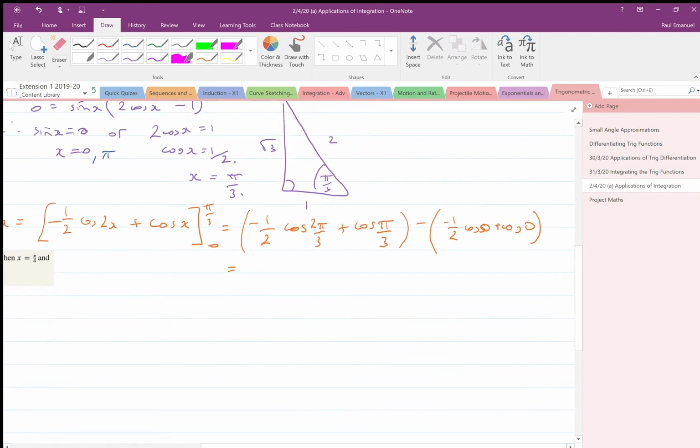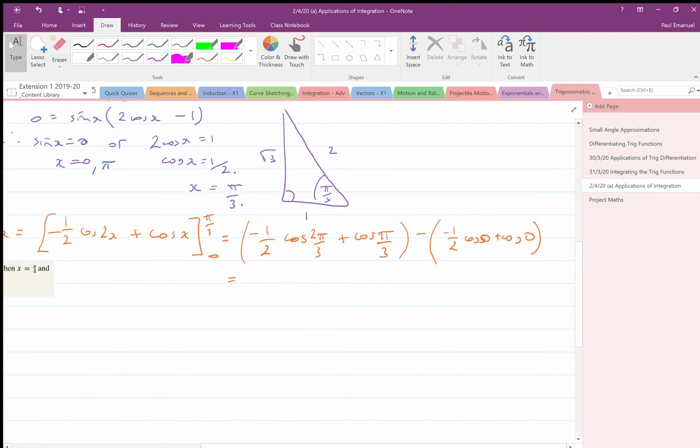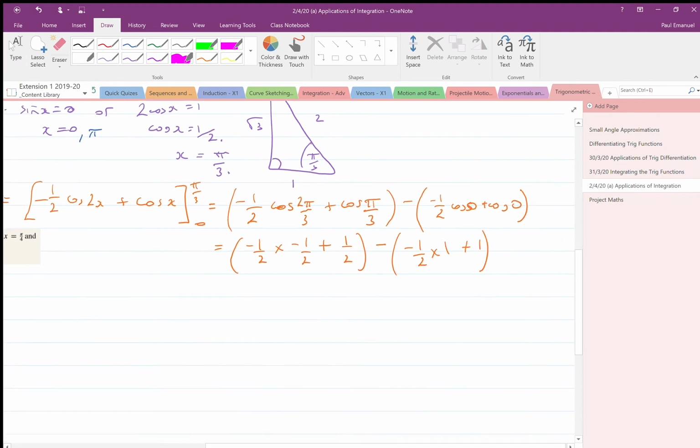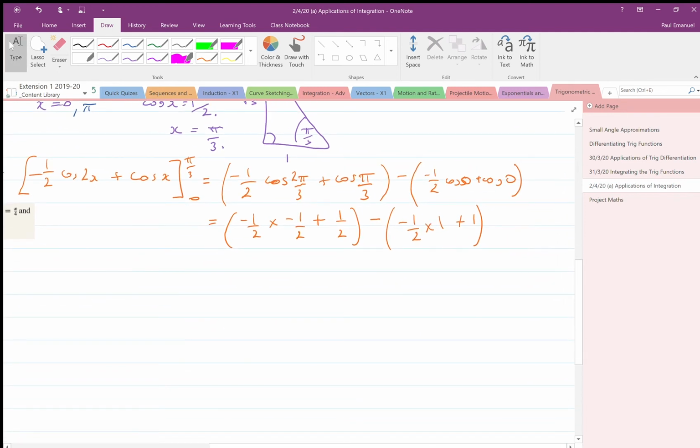So cos 2 pi over 3, look at that, I've got the triangle up there. So it's negative a half times cos 2 pi over 3, which is negative a half, plus a half, minus a half times 1 plus 1. So that's a quarter plus a half plus another half plus 1. So I believe that's 2 1/4.